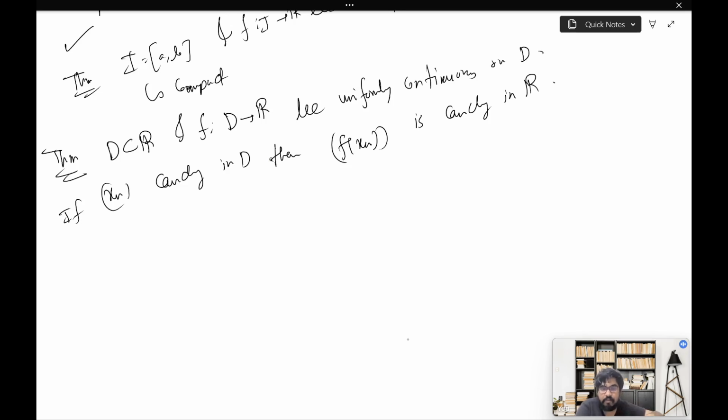So this one: a uniformly continuous map sends a Cauchy sequence to a Cauchy sequence.